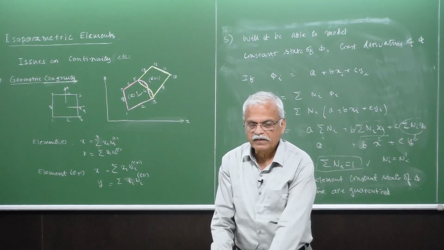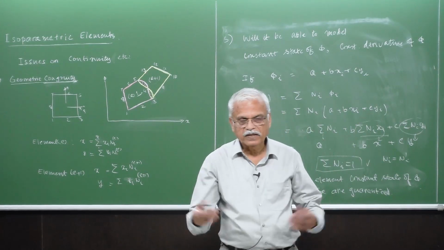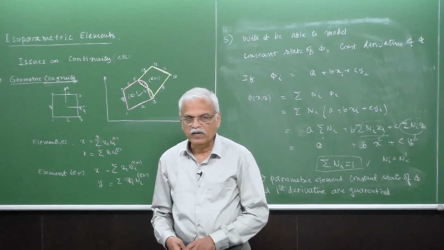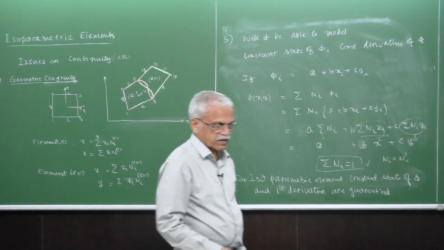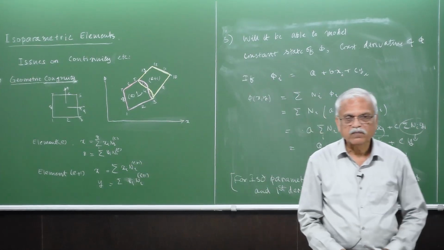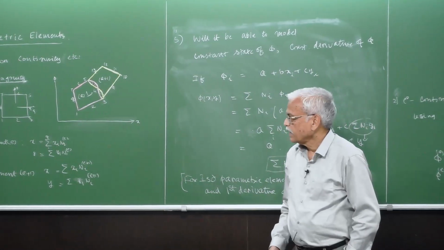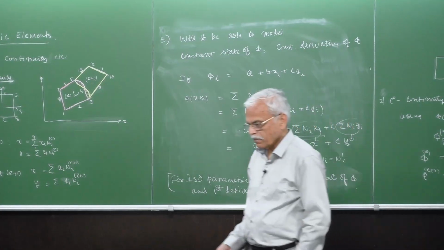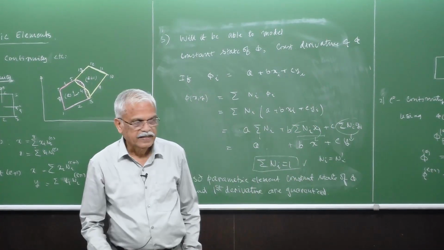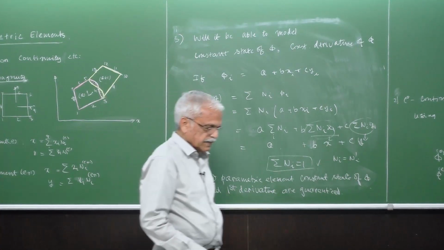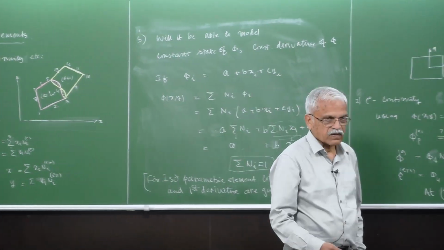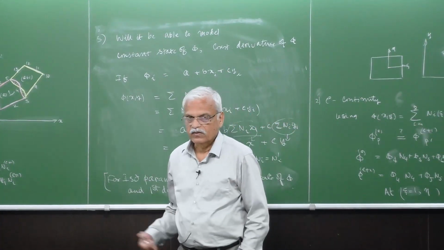This is very important for solid mechanics also. That means that rigid body displacements as well as constant strain can be modeled using isoparametric elements. That is why isoparametric elements are very, very powerful, and they can be used for any complex geometry like this one.